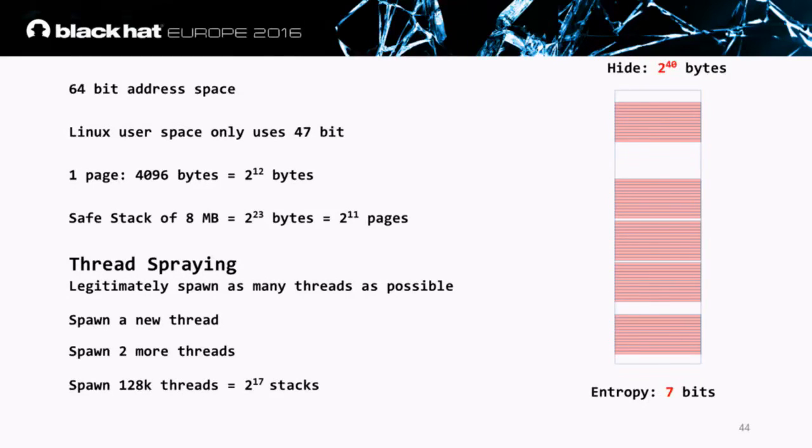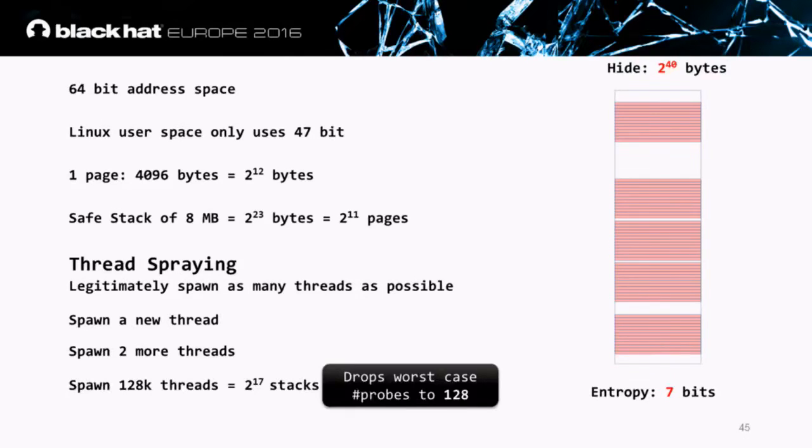So if you can spawn like 128,000 threads, the entropy for the stacks becomes 7 bits, which means that in the worst case, the number of probes would be 128 probes.